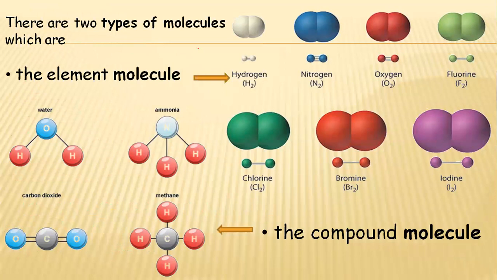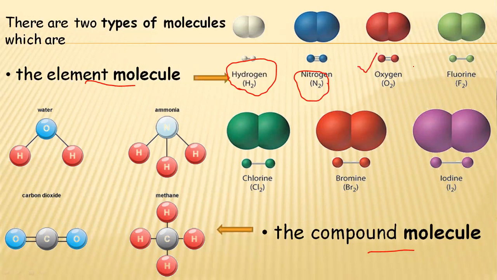So we have some types of molecules as well. Some are elemental molecules and some are compound molecules. How can we see the element molecule and compound molecule? If the atoms are the same, elements are the same, and they combine together, they are called an element molecule because they form an element. Oxygen is a gas, but we don't say O is oxygen, we say O2 is oxygen.